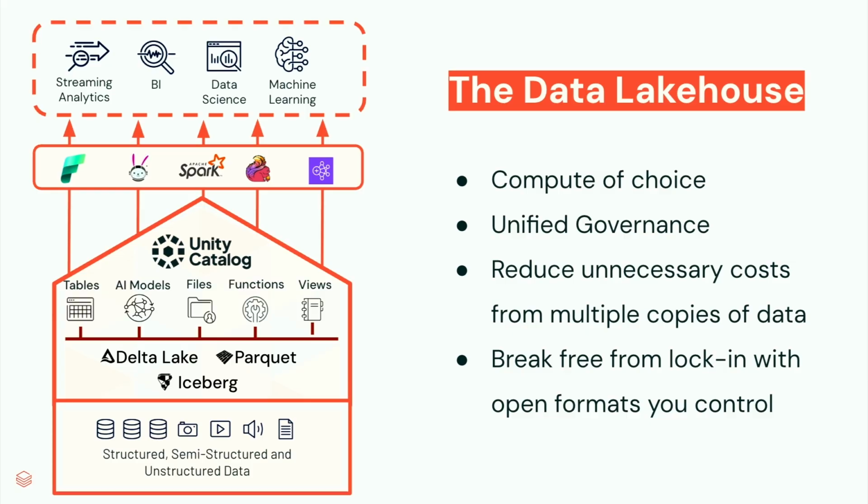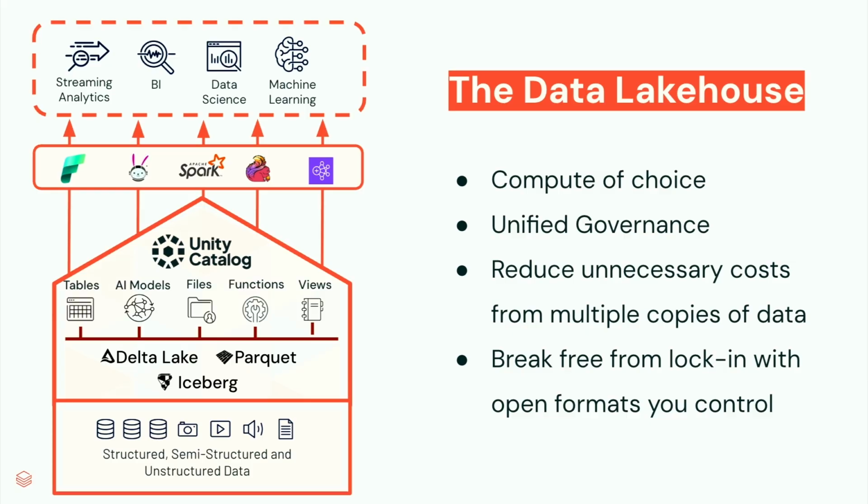Then on top of that, we have modern lakehouse formats like Iceberg and Delta. Now, several of those assets, whether they're unstructured data sets or your Delta tables, can make up tables and AI models, files, functions. All of these can now be represented as an asset within Unity Catalog. And then Unity Catalog is the thing that is able to govern all of this.